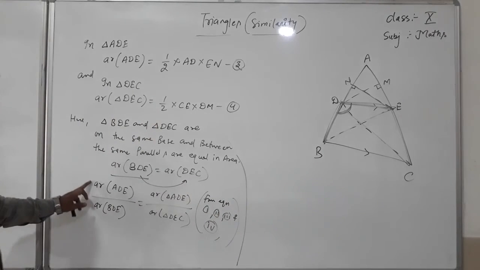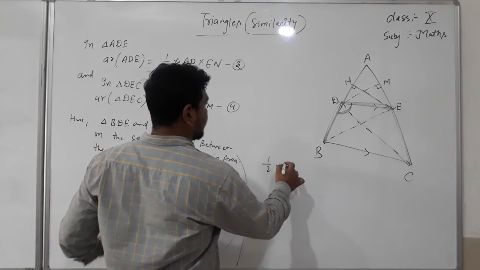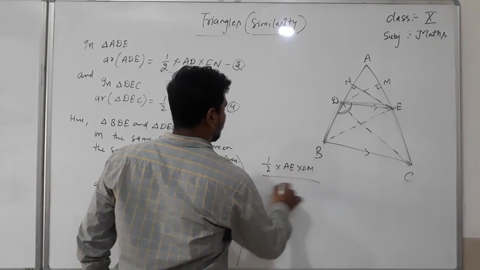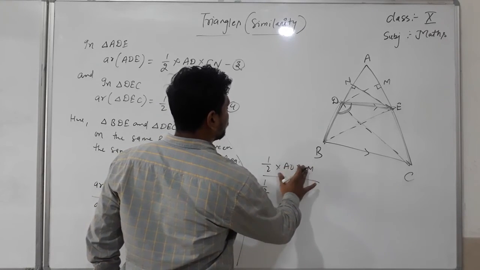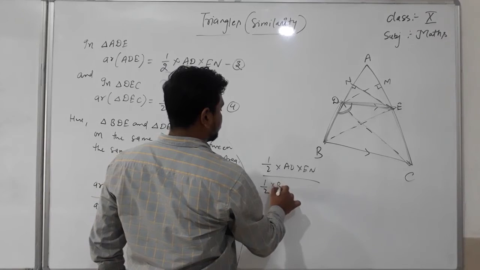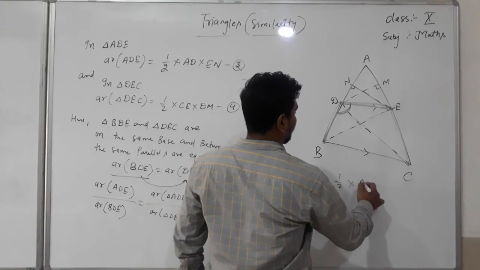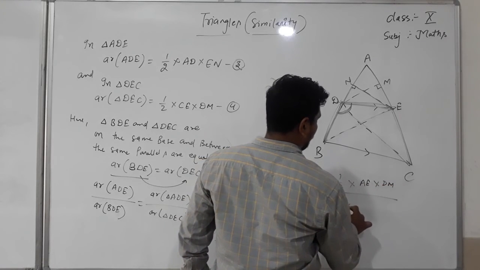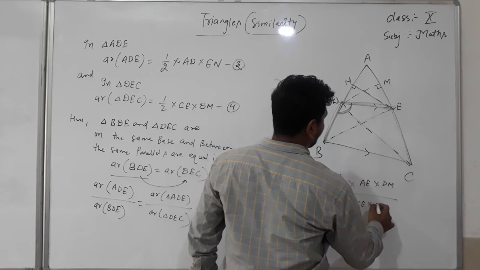So students, we get area of ADE upon BDE is equal to 1 upon 2 into AD into EN upon 1 upon 2 into BD into EN, is equal to area of ADE, 1 upon 2 into AE into DM upon 1 upon 2 into CE into DM.